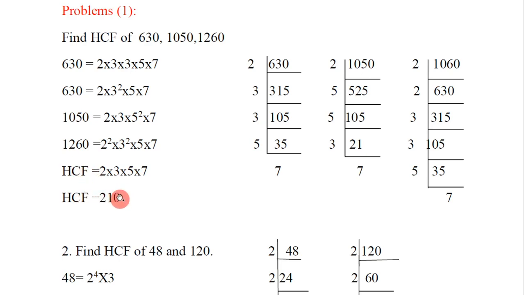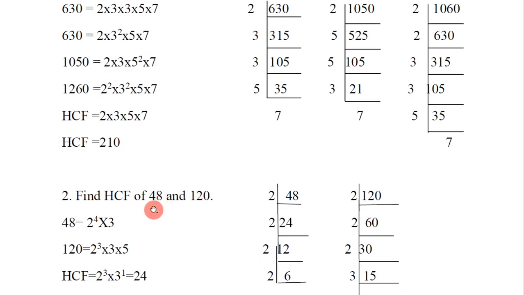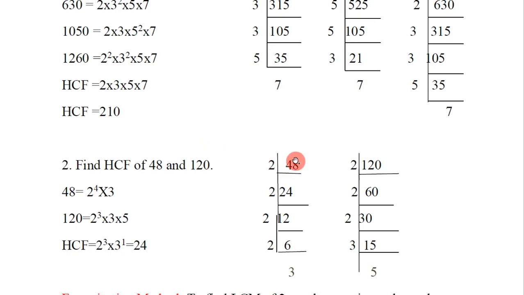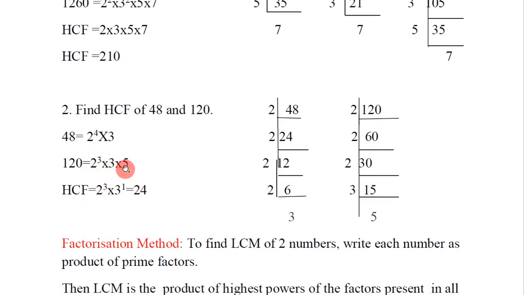It simplifies to 210. Then another problem: find the HCF of 48 and 120. In the same way, we write 48 as 16 into 3, which is 2 power 4 into 3, and 120 you can divide or you can guess the product also. So it is 2 cube into 3 into 5.